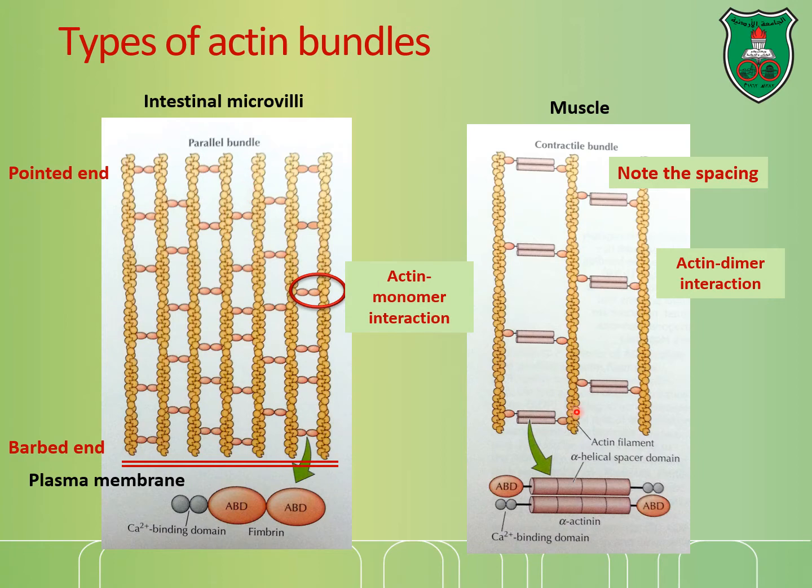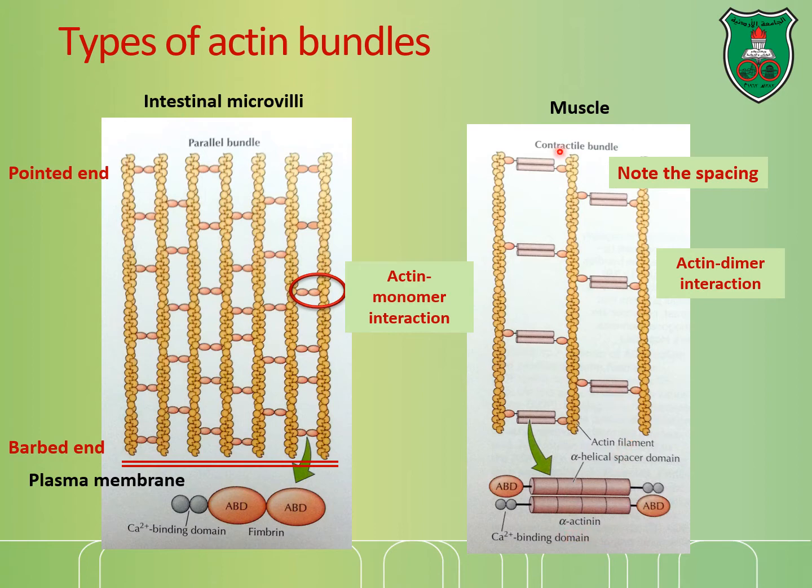On the other hand, you can have bundles as well, as you can see in here, organized in the same manner, except that the distance, the space between the two filaments is wider. And this is shown in here. This is formed by the protein alpha-actinin, which forms a dimer.